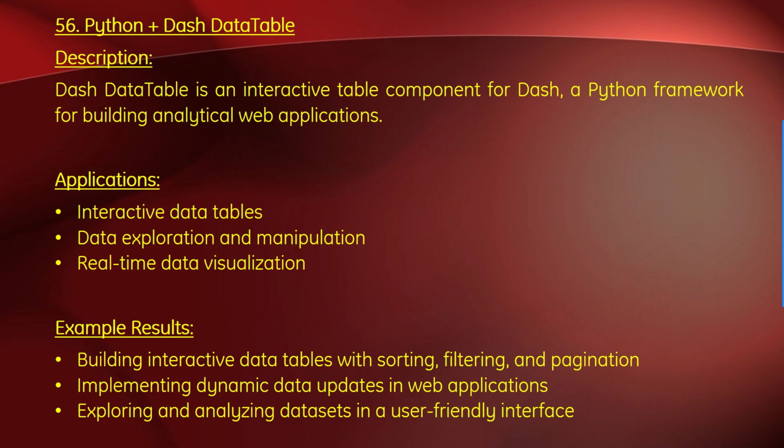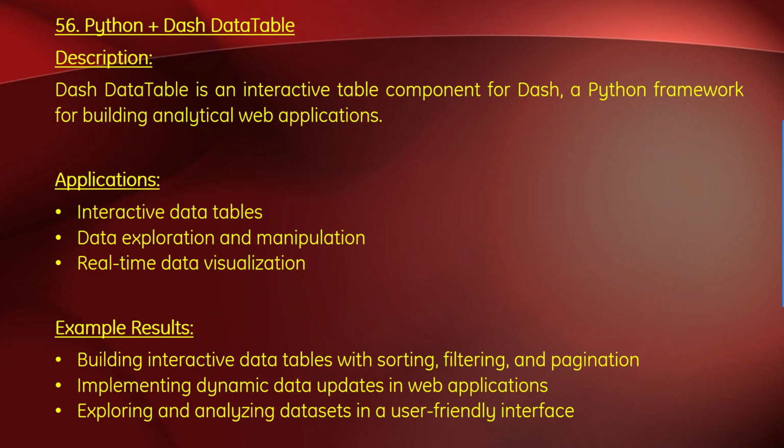Moving on, we have Python plus Dash DataTable. Now, Dash DataTable is an interactive table component for Dash, a Python framework for building analytical web applications. What will be the applications where Dash DataTable is used? Interactive data tables, data exploration and manipulation, and real-time data visualization.